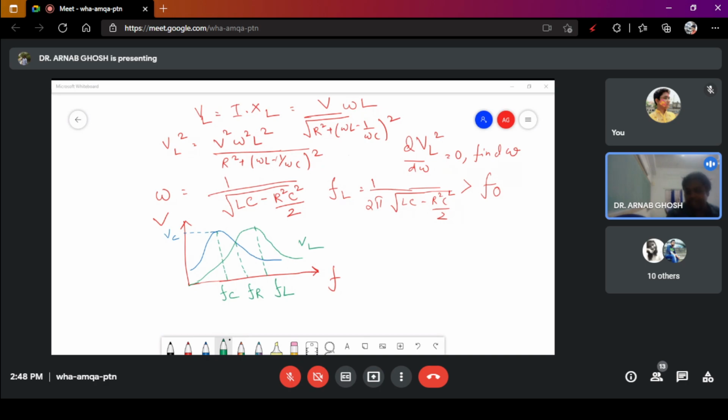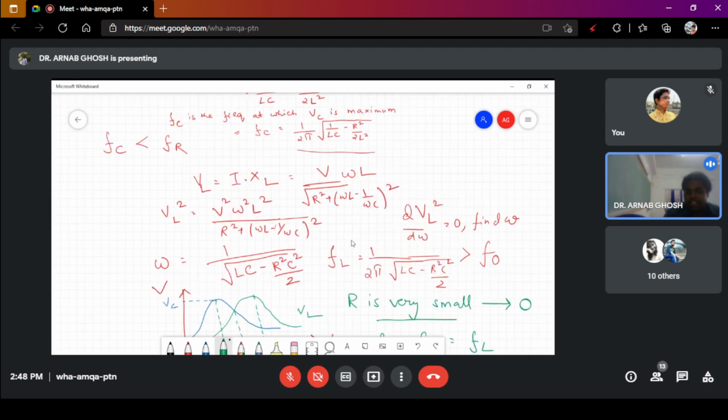Now you see, if R is very small, let's say almost tending to zero, under this condition your Fc will be equal to Fr, that will be equal to Fl, because this portion becomes zero, and for omega c as well, this becomes zero.